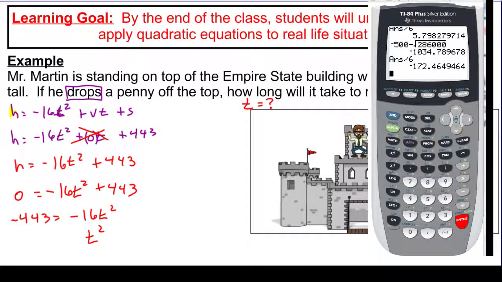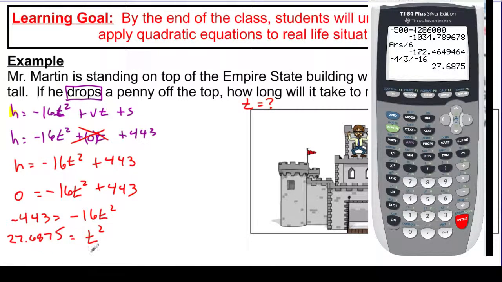Negative 443 divided by negative 16, because I'm just trying to isolate t squared, is 27.6875. Try not to round. The more you round, the less accurate your final answer will be. So I can write 4 decimal places, so I'm going to write all of them.